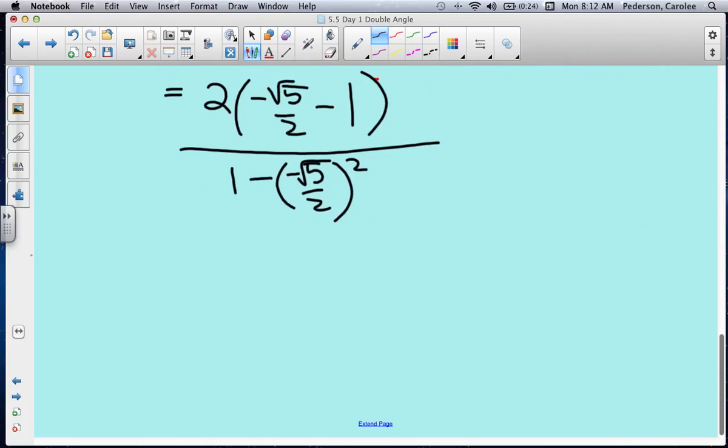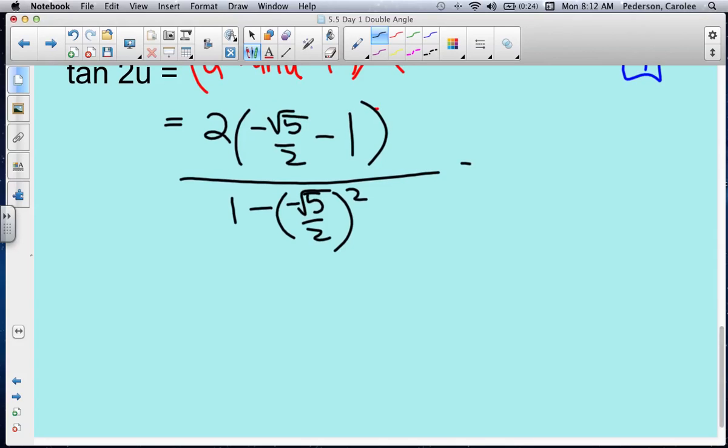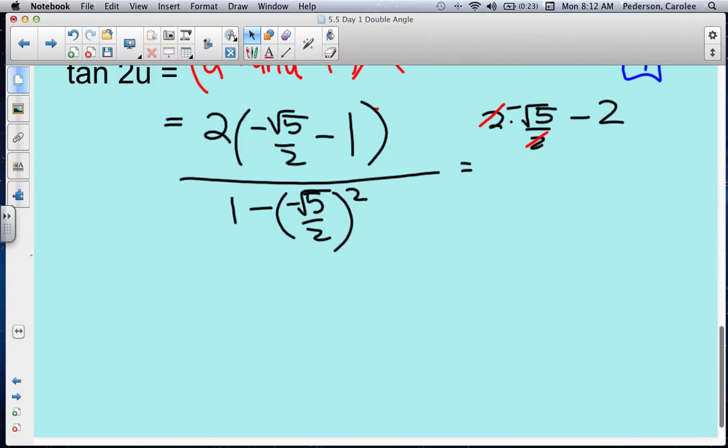Now we start simplifying. So we could distribute that 2 through. These 2's will cancel. And then in the denominator, negative square root of 5 times negative square root of 5 is 5.